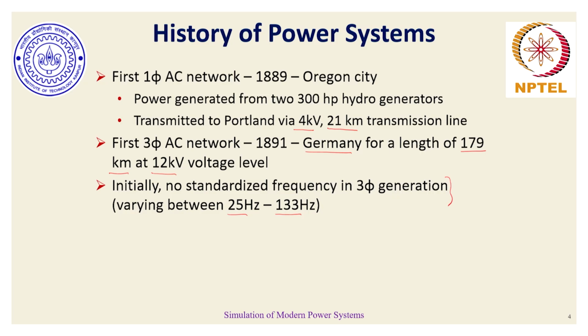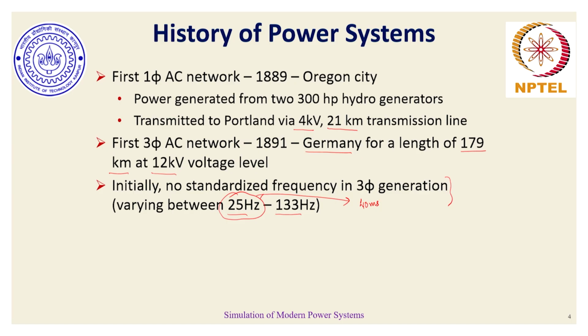Over the time of operation, consumers realized that at low frequency of operation of an AC power network, in electric incandescent bulbs or lamps, since the frequency is low, the corresponding flicker observed was very visible to the human eye. 25 hertz corresponds to a time period of 40 milliseconds, and as the frequency goes down, this time period goes up.